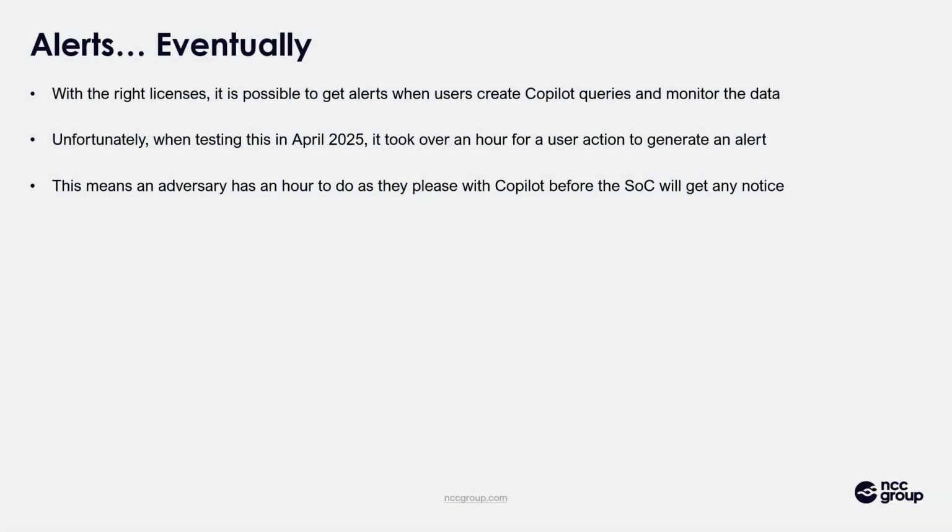You have to have additional licenses, and even when you've got the additional licenses and you've put everything in place, it still takes over an hour between doing the naughty thing and the alert being triggered in the SOC. And with what I've shown you, you can see that an hour is a lot of time to play with.